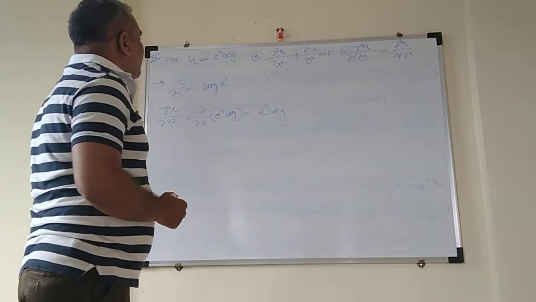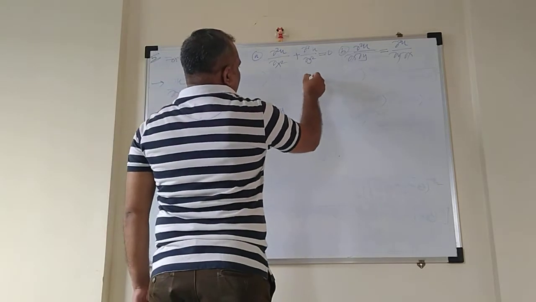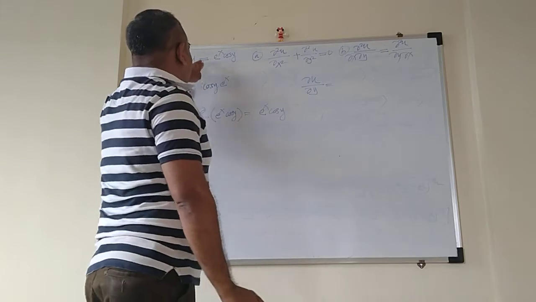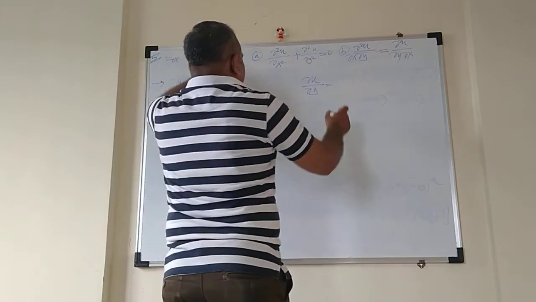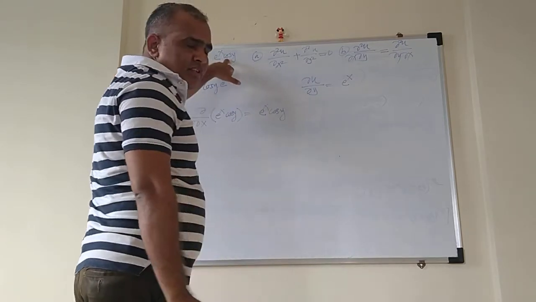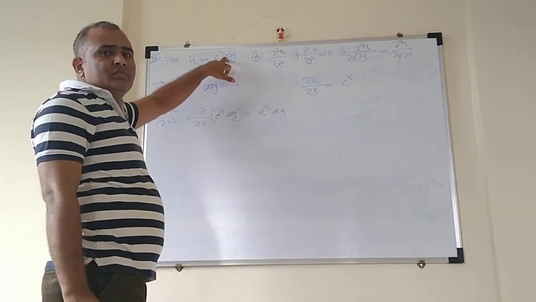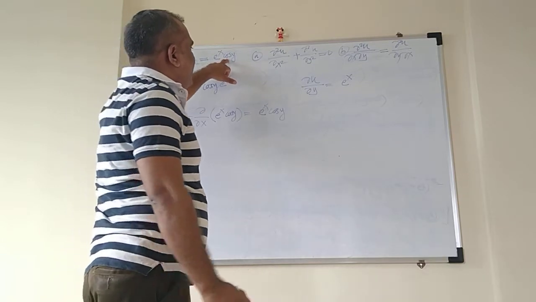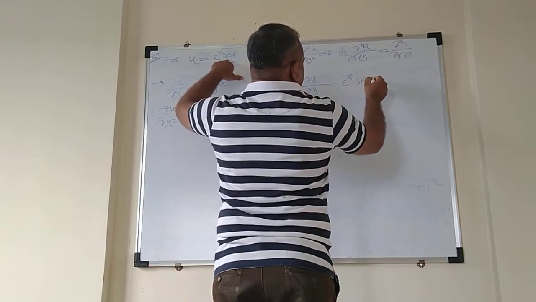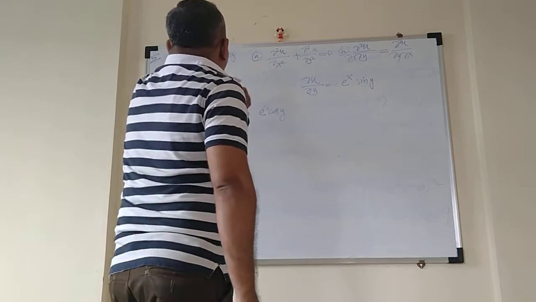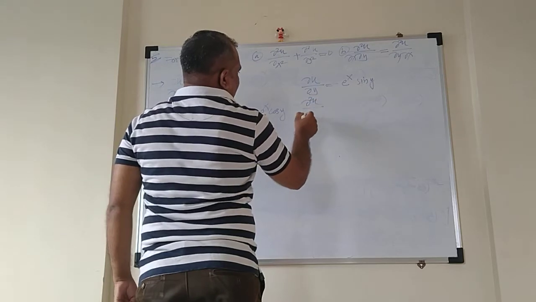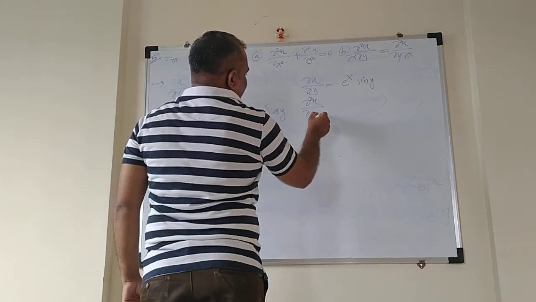On the same line, calculate the value of dou u by dou y. If you differentiate this function with respect to y, e raised to x will be acting as a constant. So this is constant, and differentiation of cos is equal to minus sin y. And again differentiate this function for dou 2u by dou y square.